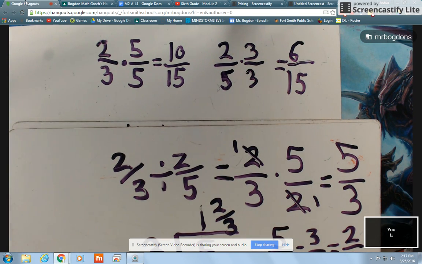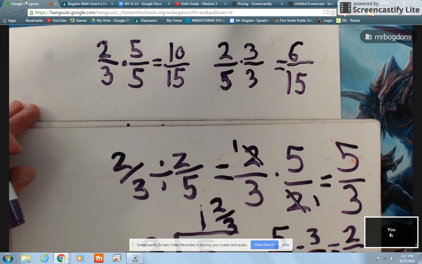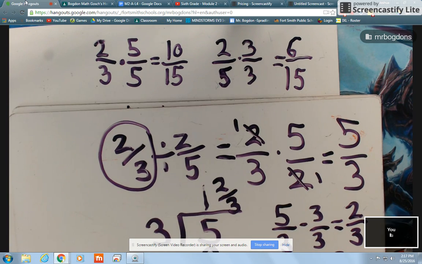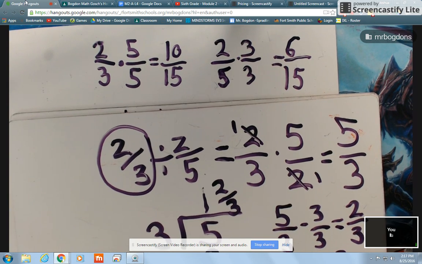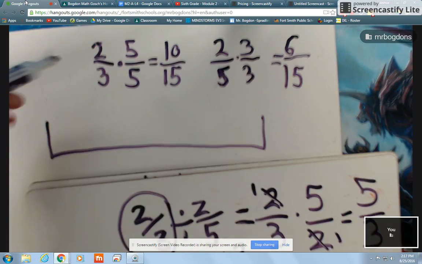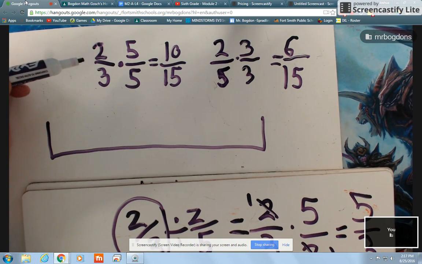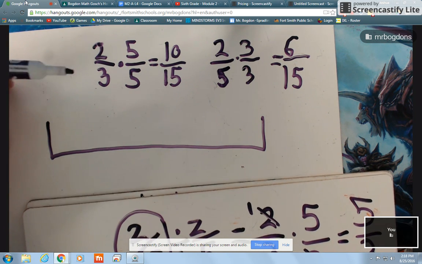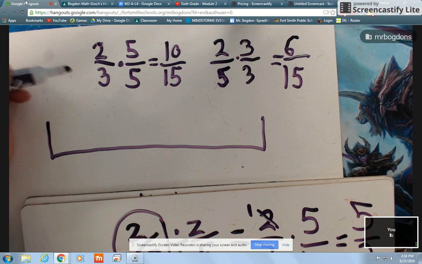Okay. So my dividend is what I am having to split apart into pieces. How can I represent 2/3? Okay, I'll ask one more time. How can I represent 2/3?